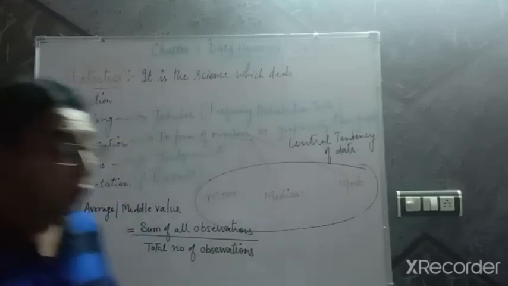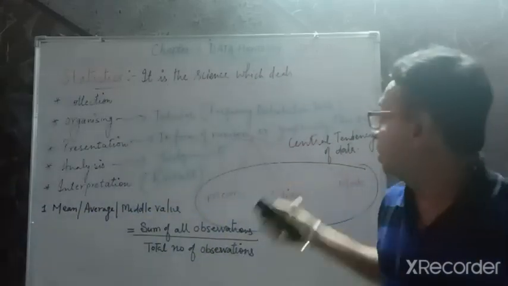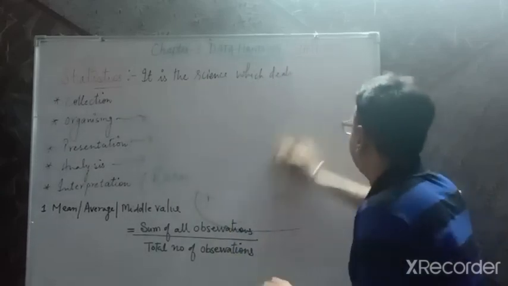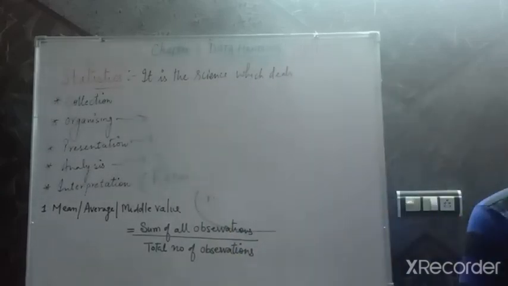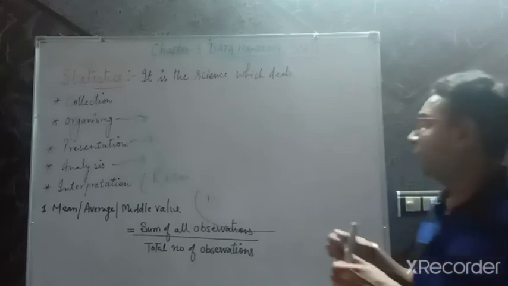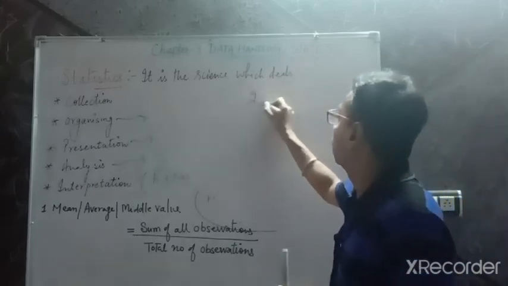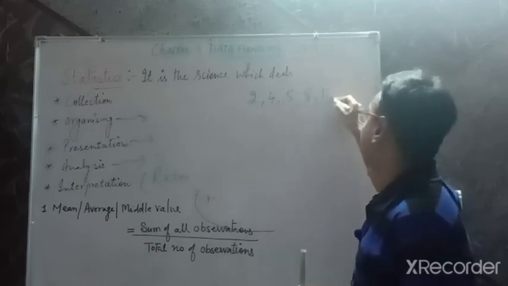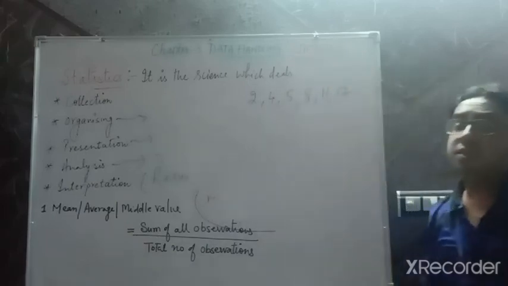Let me give you one brilliant example of this. For example, I have a data consisting of 2, 4, 5, 8, 11, 17. This is my data.